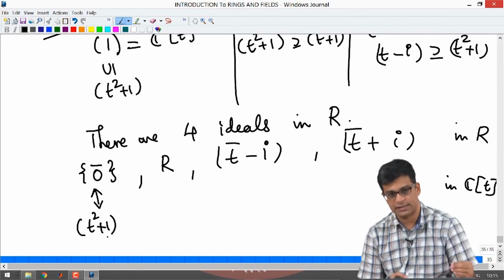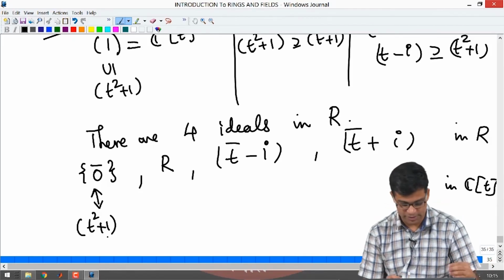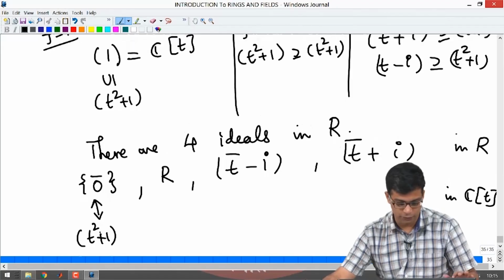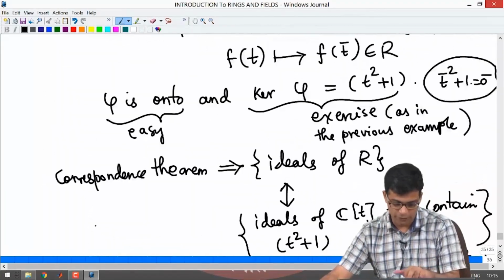This is the smallest ideal that contains t squared plus 1, which is the kernel of the map phi.